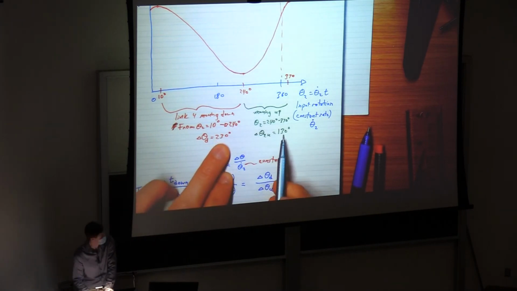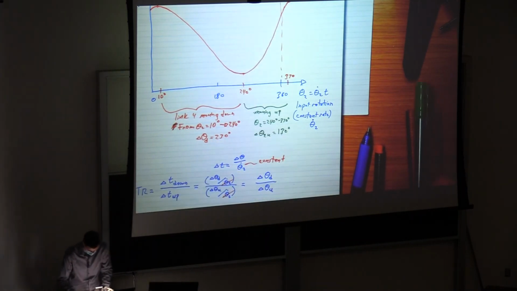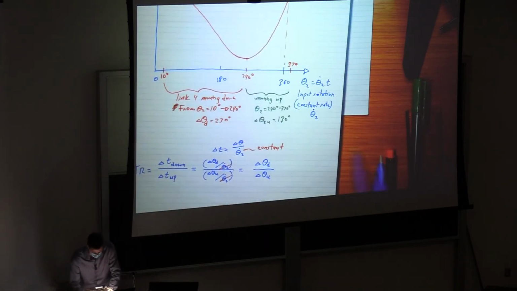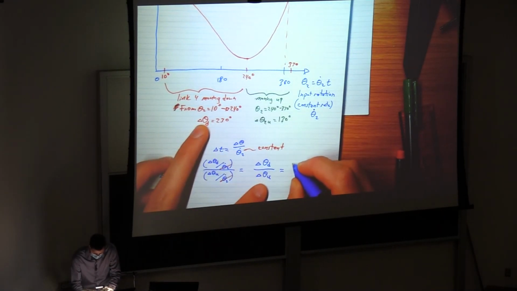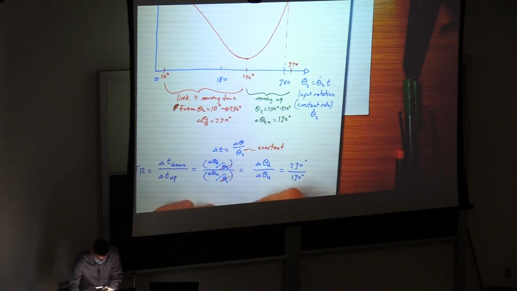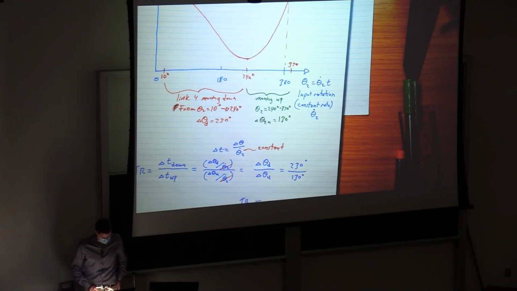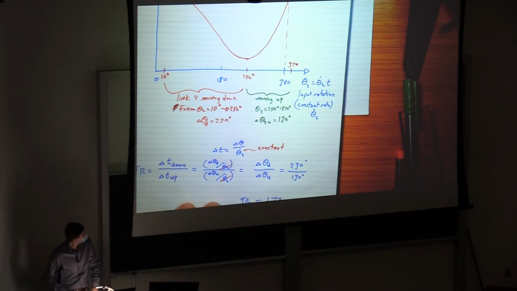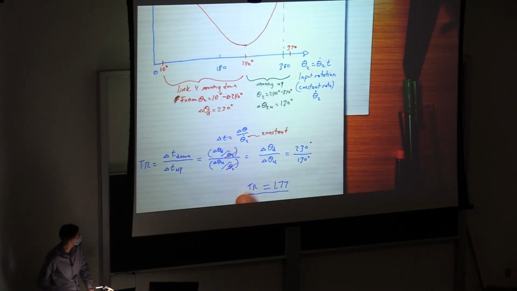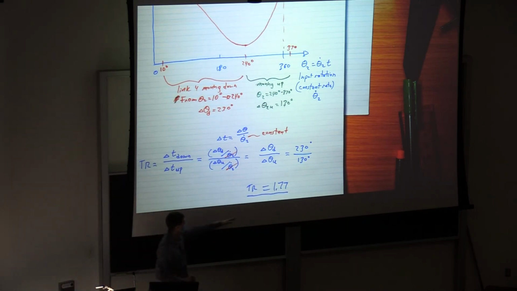And these should add up to 360, right, for a full revolution. So our final timing ratio comes to the ratio of these two, down divided by up: 230 degrees divided by 130 degrees. The timing ratio comes to about 1.77. So it spends almost twice as much time moving one way than it does the other. Not quite, closer to 1 3/4.